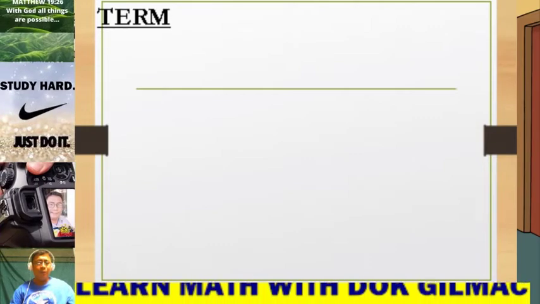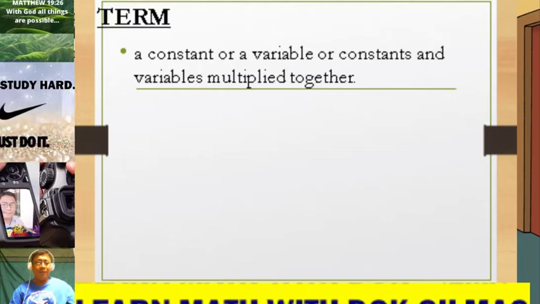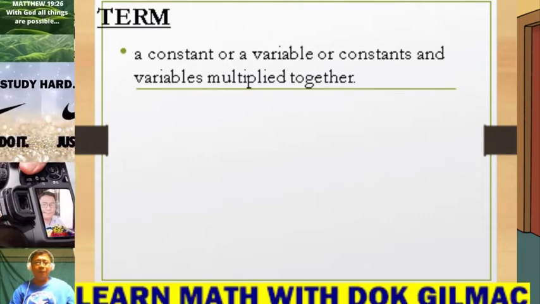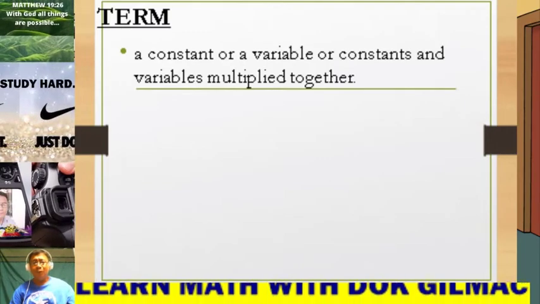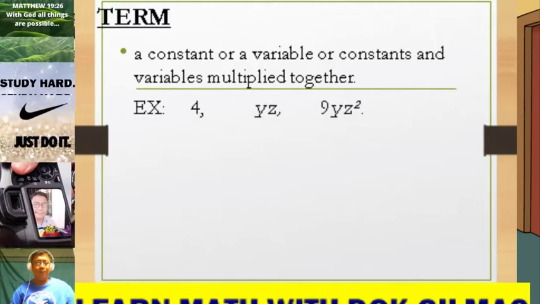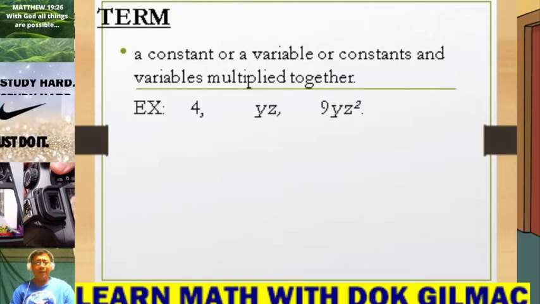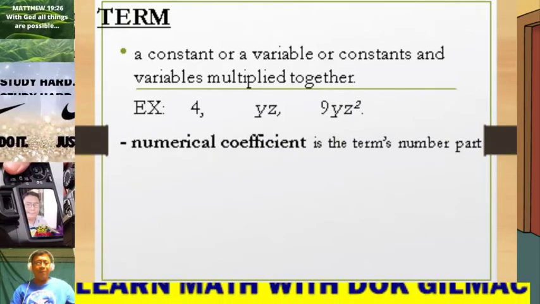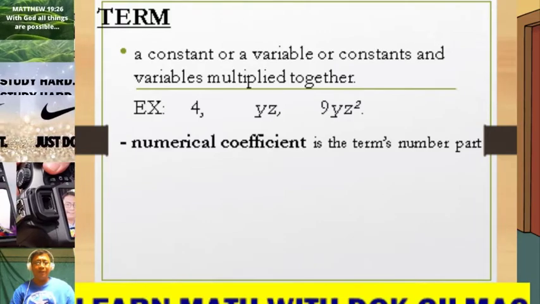Then we have what we call a term. A term is simply a constant or a variable, or constants and variables multiplied together. For example, 4yz, 9yz squared. In this particular term, we have what we call the numerical coefficient.